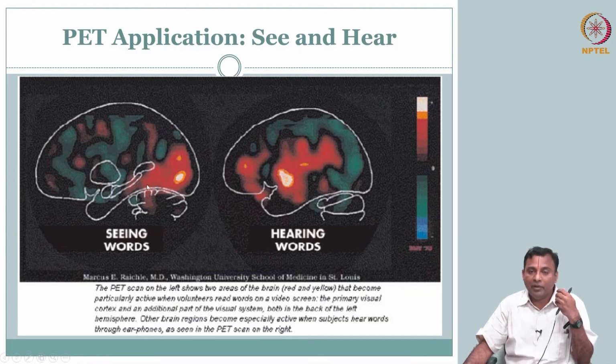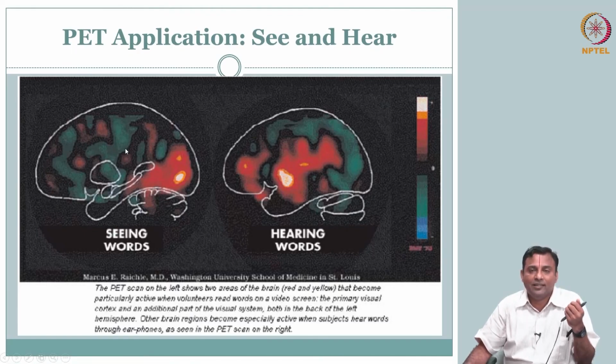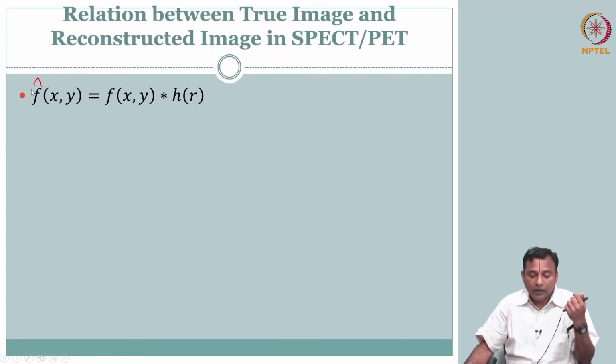So when I am reading, a different part of the brain is active, when I am listening, a different part of the brain is active, I can actually see where it is. Okay. So these are very powerful, very beautiful modalities from a functional imaging perspective. So you do not see the brain details that much, right, but then you can combine it with your CT, and then you can have a brain CT fused with your PET, you could get both the information, right. Okay.